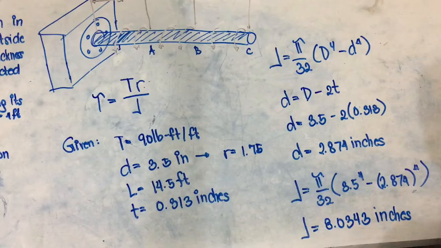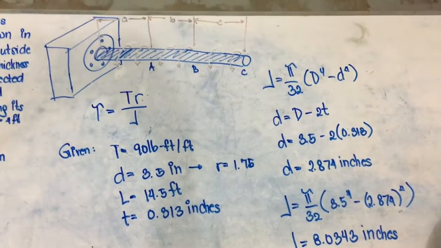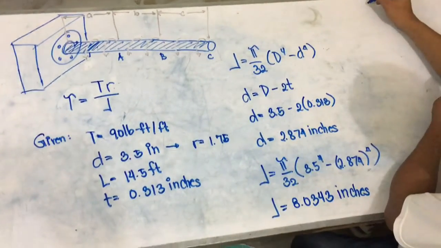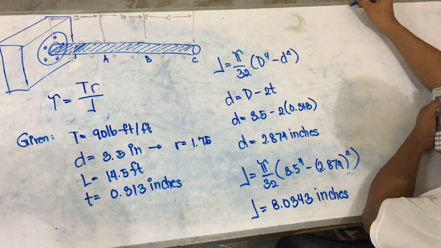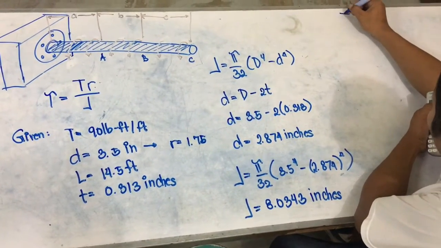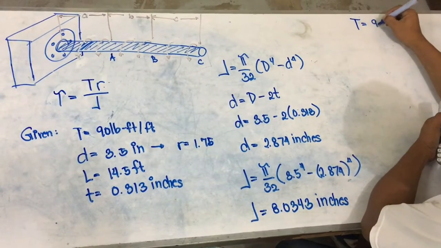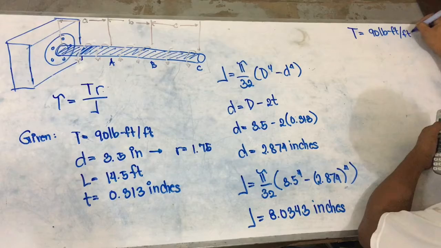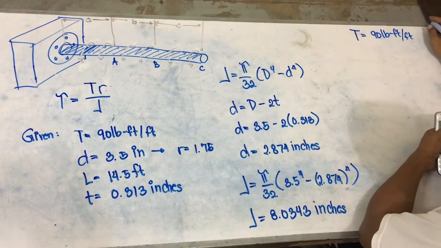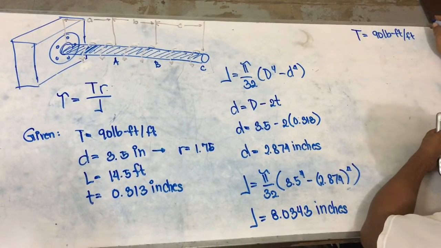Now, we can solve the shear stress. But before that, we need to convert our uniformly distributed torsion into a single one. How? From 90 pound-feet per foot, we just multiply by the length over which it is distributed.